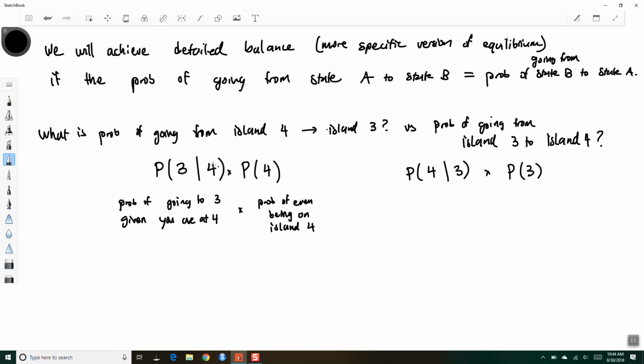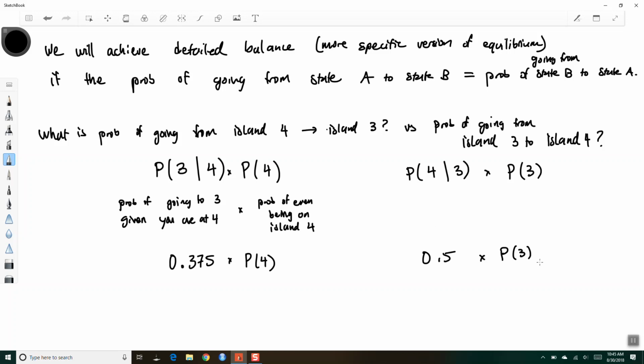All right, so what is the probability of going to island 3 given you are at island 4? Earlier we said this was 0.375. And so we'll multiply this by the probability of island 4. And then over here we have probability of 0.5 times the probability of being on island 3. Okay?